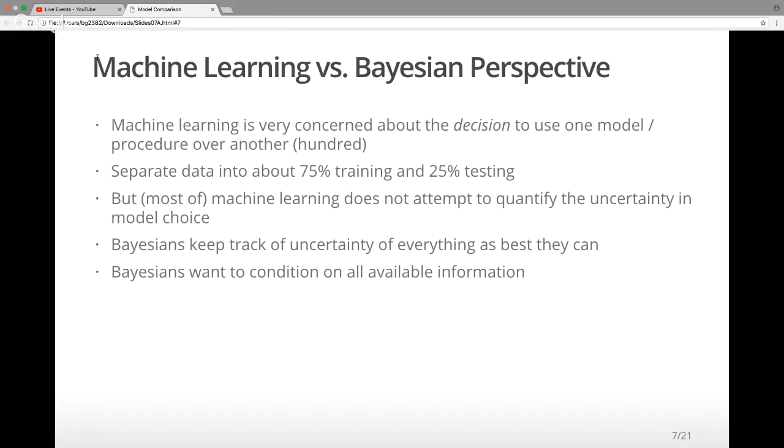doesn't attempt to quantify the uncertainty in anything. So it doesn't attempt to quantify the uncertainty in the parameter estimates, doesn't attempt to quantify the uncertainty as to which model is best, doesn't really attempt to quantify whether the software is working correctly.